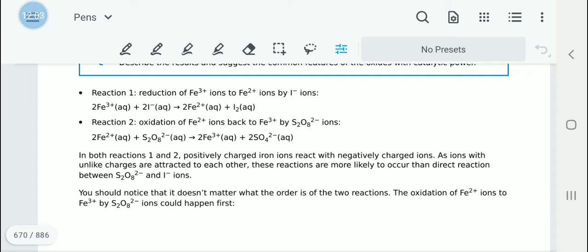Because unlike charges attract, they are very likely to occur when they collide, because we don't need any energy to overcome any repulsive forces. The reaction occurs with Fe3 plus involvement, so ultimately the same products will be produced. The reaction is more likely to occur than the direct reaction between S2O8 2 minus and I minus ions.